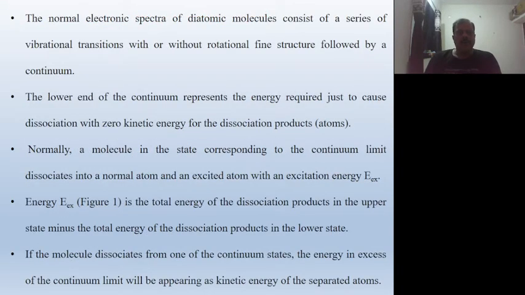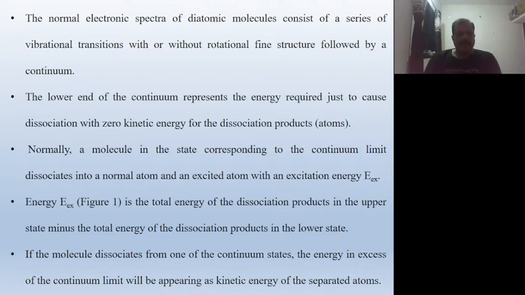Now the normal electronic spectra of diatomic molecules consist of a series of vibrational transitions with or without rotational fine structure followed by a continuum. The electrons are revolving in this axis, and vibration is also done in the molecule.